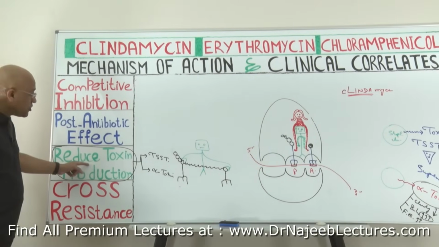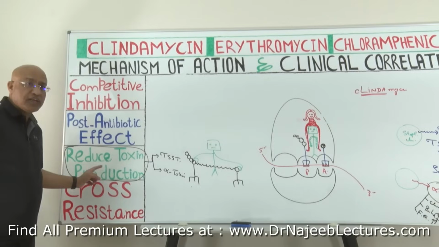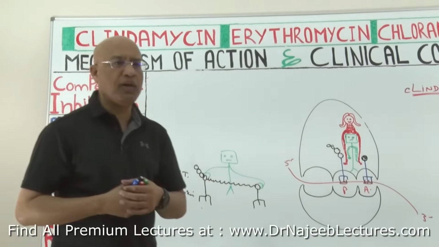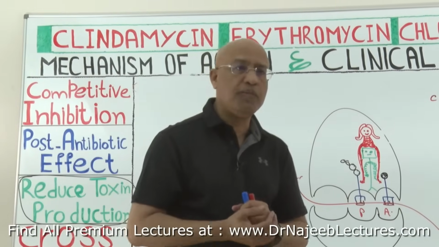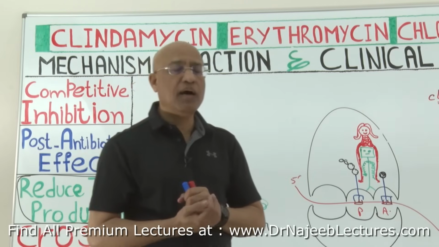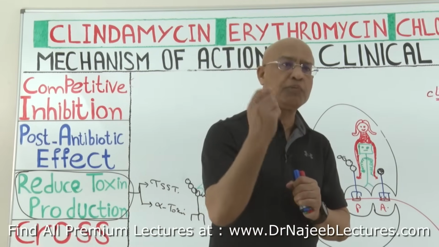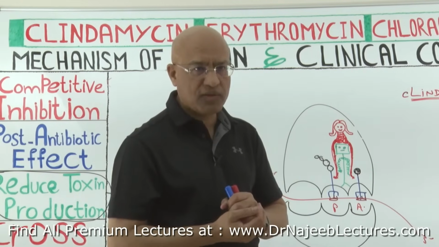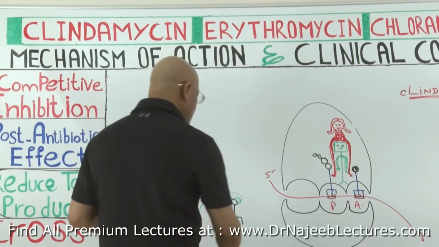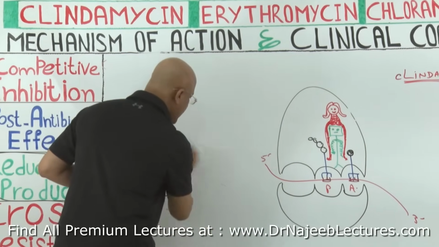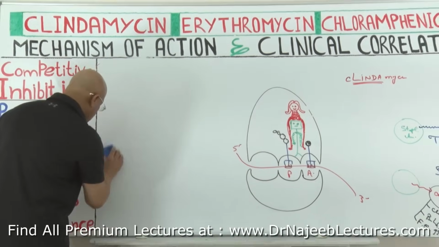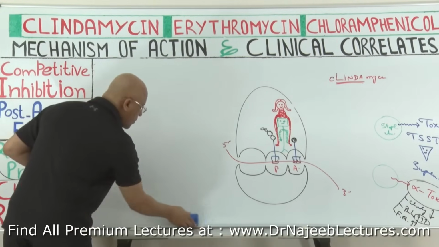That it reduces toxin production, and this function is especially very useful in patients with toxic shock syndrome and also patients with such staphylococcal infections which produce alpha toxin. Is it clear?